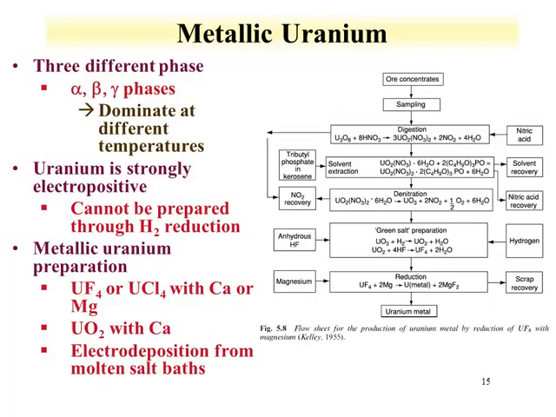And if the molten salt is made out of sodium or lithium chlorides, what we're saying is that the potential for the formation of uranium metal is greater than the potential for the formation of the metal from the salt.